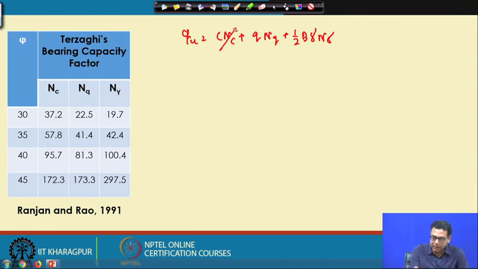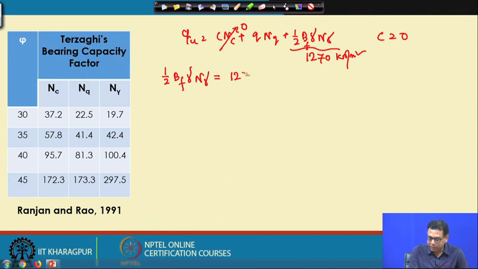Now, here this part is 0 because your c value is 0, it is granular soil. So, now the contribution that I am getting, this 1270 kilonewton per meter square, is this one, because I am not getting this contribution, that I want to add.